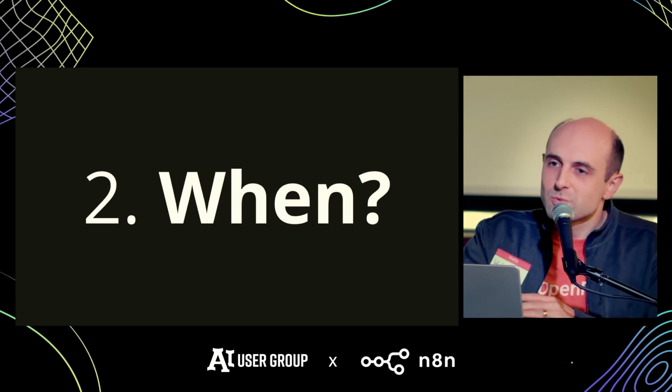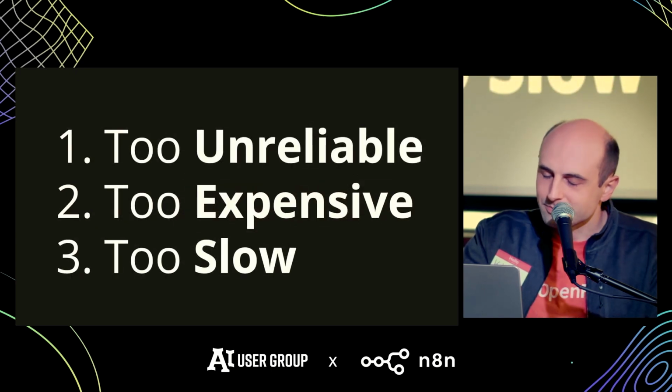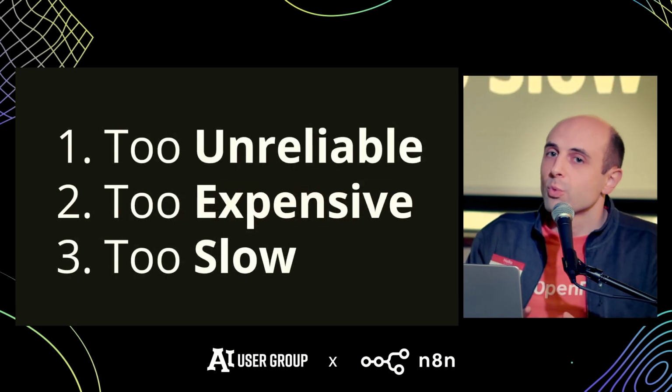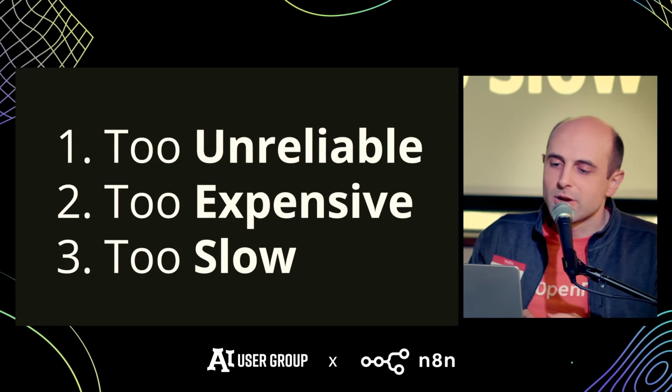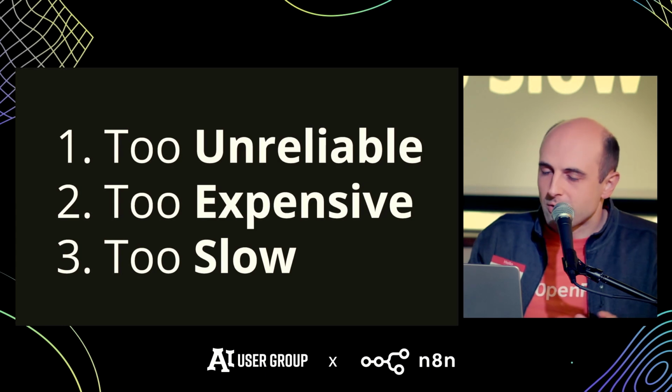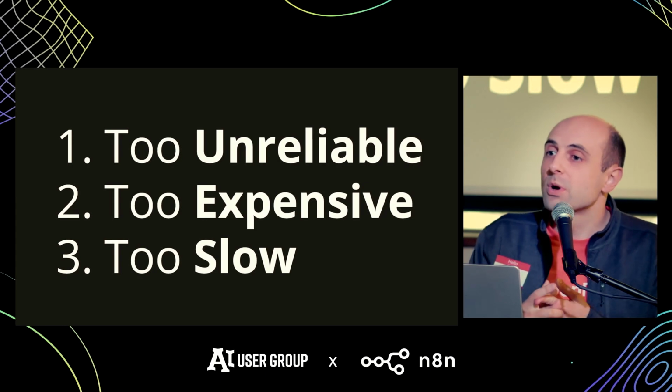When does it make sense? When should you invest the time in doing this? The answer is when your prompted workflow runs into one of three barriers that you cannot fix with prompting. And those three barriers that we see, in rough order of how commonly we see them, is first, if it's too unreliable.